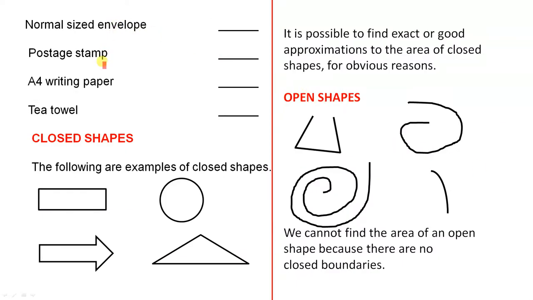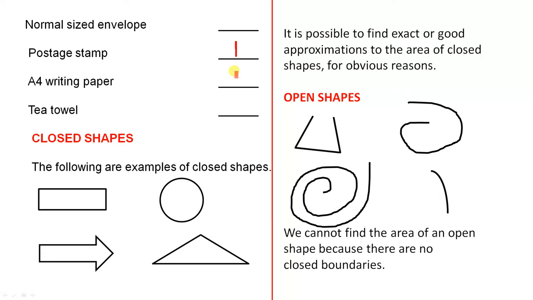So we have 4 choices here. Now which one do we think is the smallest area? We've got a normal sized envelope, postage stamp, A4 writing paper, or a tea towel. Now if we look at that carefully, I think we all agree number 1 is the smallest.